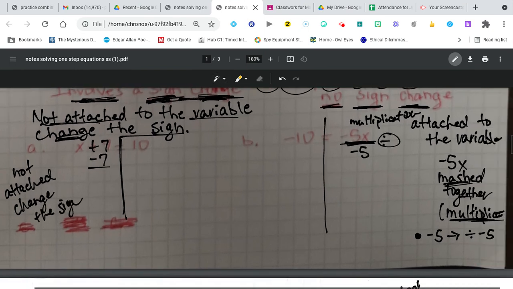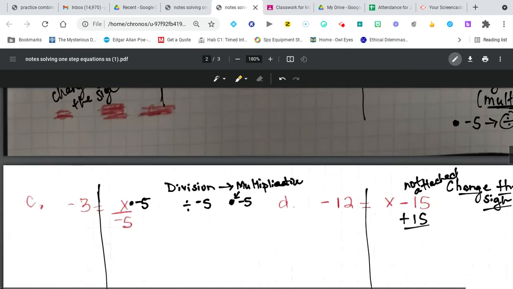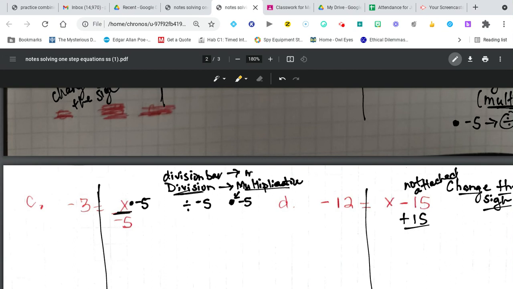Okay? Now, since we understand that if we have a number that's not attached, we just change the sign. If it is attached, for instance, if it's mashed together, you divide. If you see a division bar, you multiply.